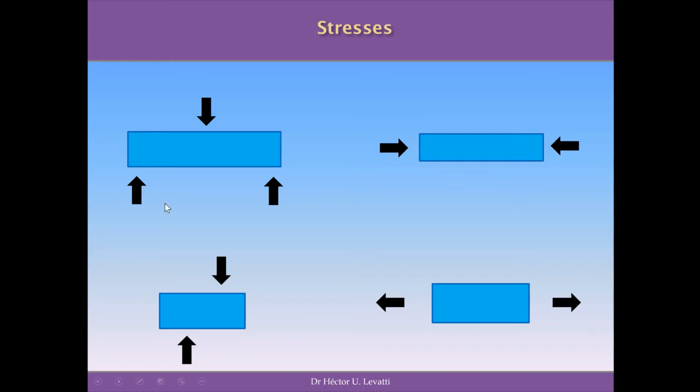The first one you can recognize easily is a simple supported beam, because this will be the external load and this will be probably the reactions. We have a structure that is subjected to compression. You have this structure that is subjected to tension, and you have this structure that is subjected to shear forces.